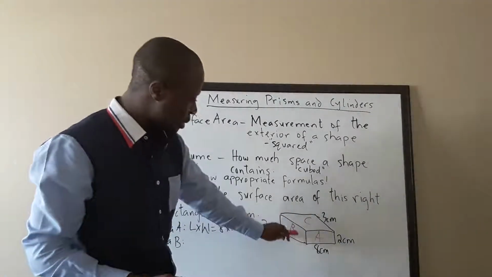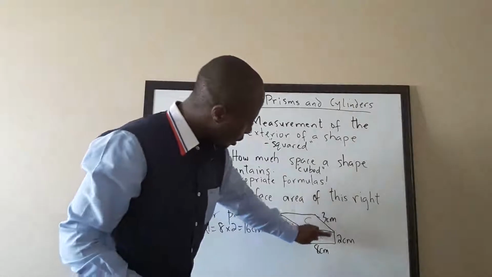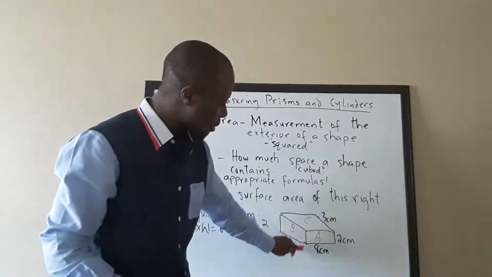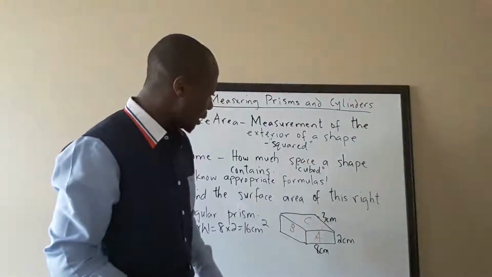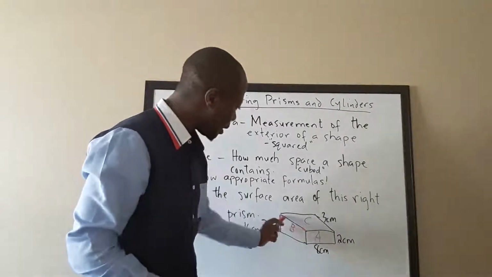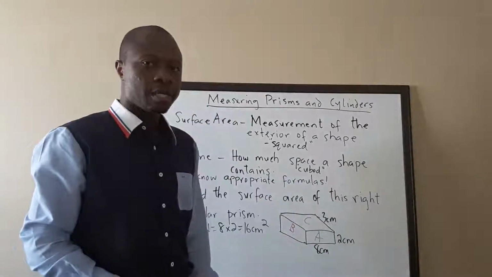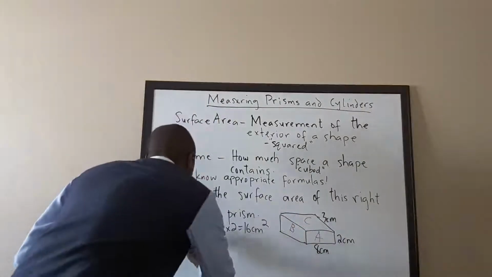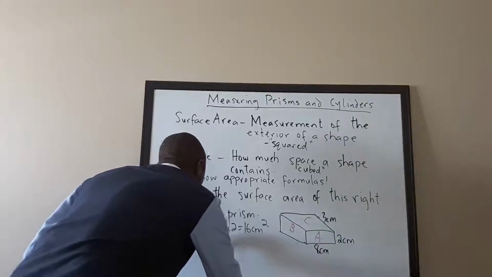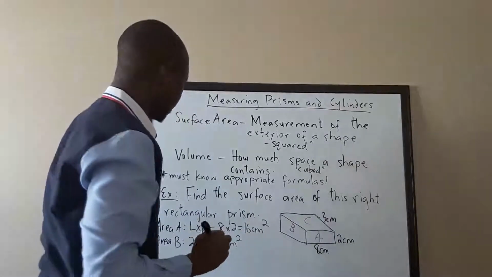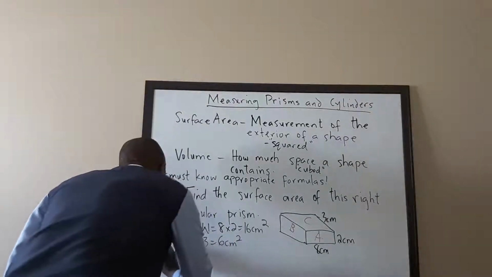So this one is going to be, now we can see that this length is the same as this length, so this is 2 centimeters, and this length here is the same as this length here, and that is 3 centimeters. So this will be 2 times 3 equals 6 centimeters squared.